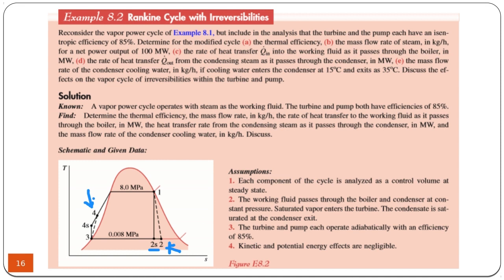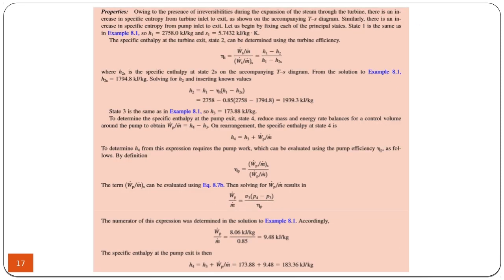By using the irreversibilities in turbine and pump, we can now recalculate the work generated by this vapor power cycle. The isentropic efficiency of the turbine is defined as the actual turbine work divided by the isentropic turbine work.